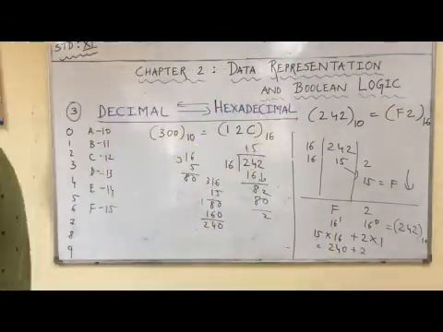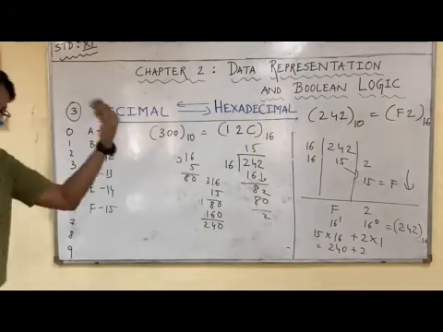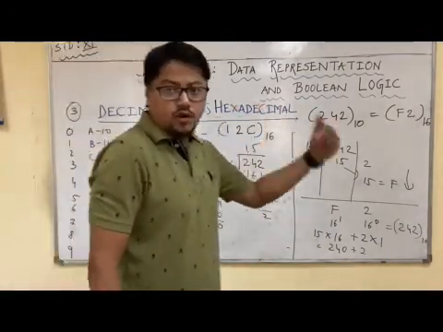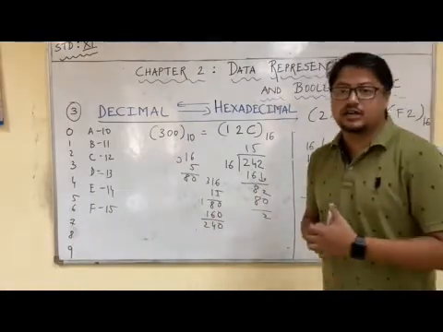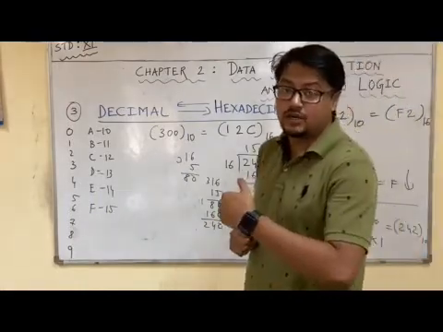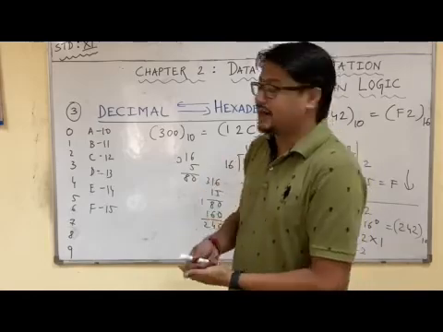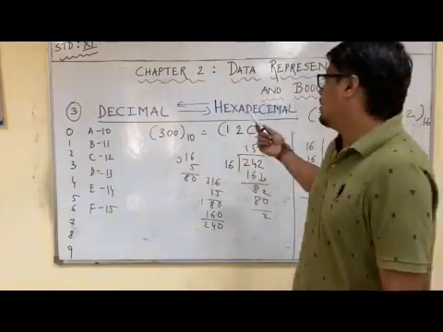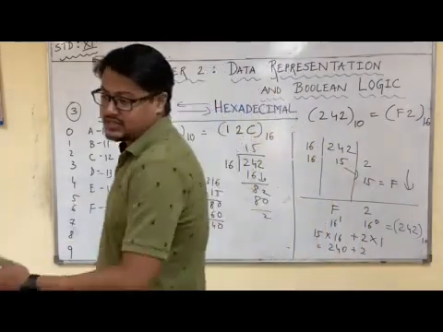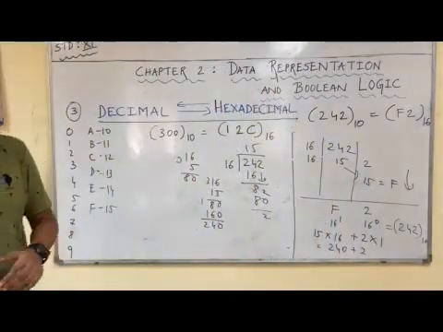We saw conversion from decimal to binary, decimal to octal, decimal to hexa. Also we learned the reverse, from hexadecimal to decimal, then octal to decimal, and binary to decimal.